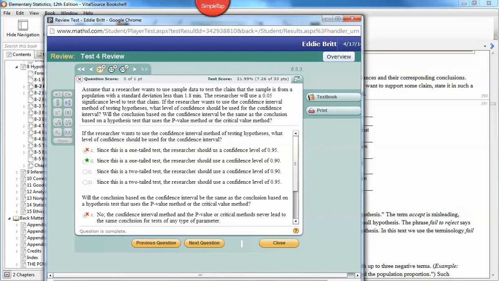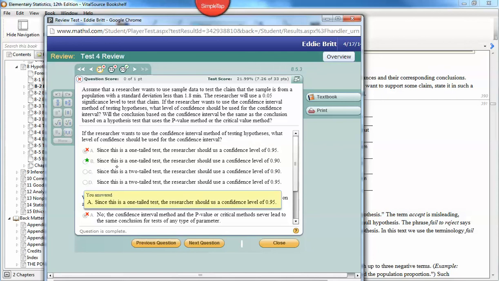So if the researcher wants to use the confidence interval method for testing hypothesis, what level of confidence should be used for the confidence interval? Since this is a one-tailed test, it was less than, then we should use a confidence level of 90%.